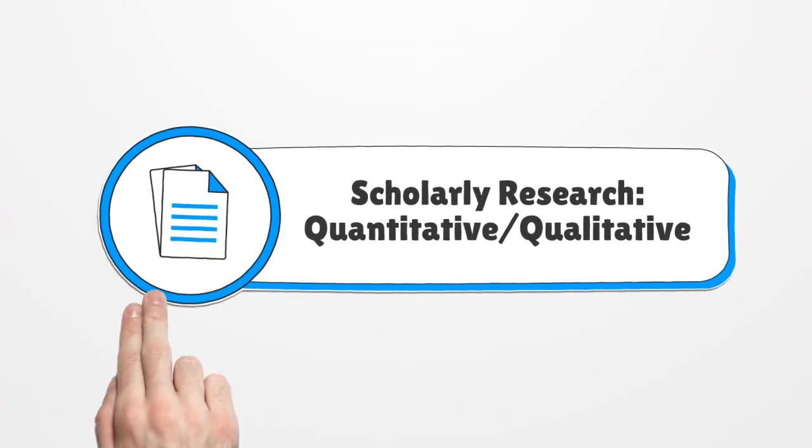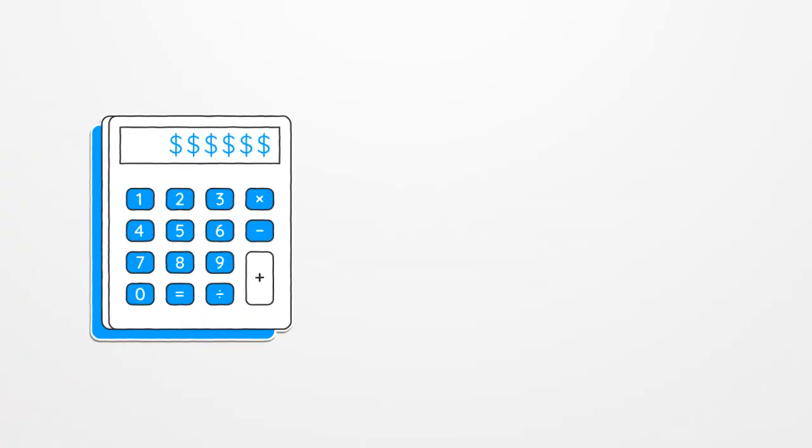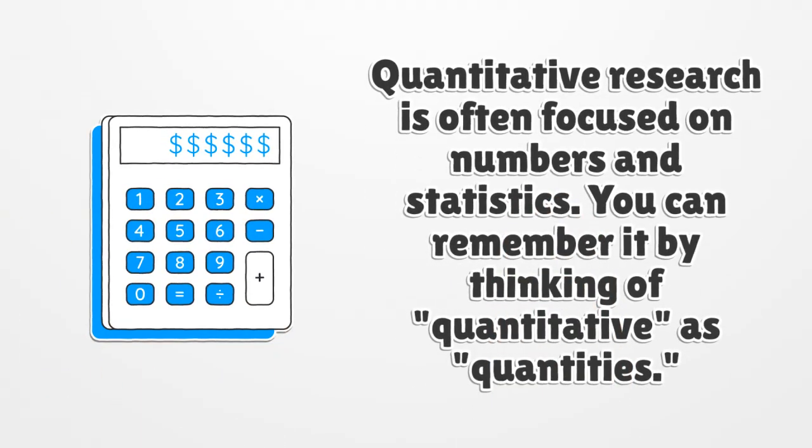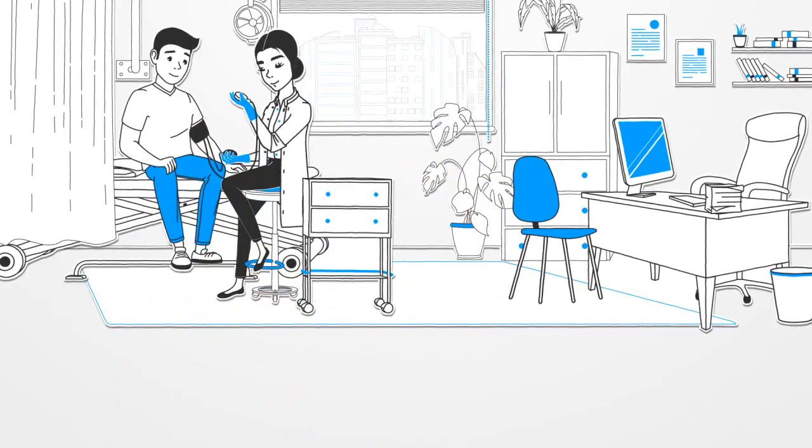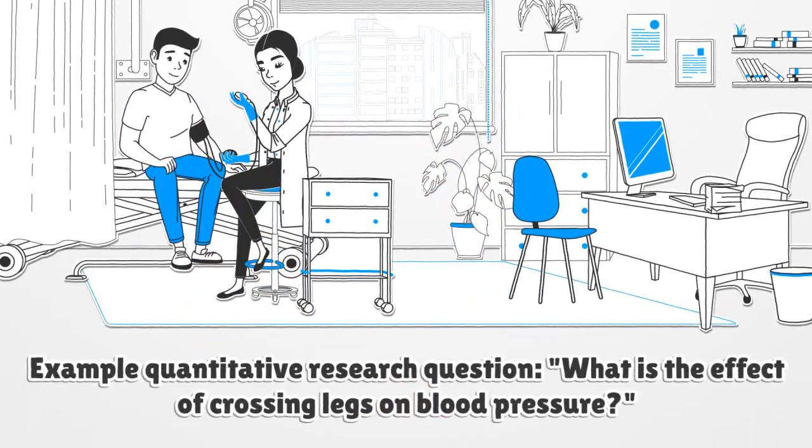Two other types of research articles are quantitative and qualitative. Quantitative research, also called empirical research, generally refers to research that tests hypotheses to measure the relationship between two or more variables. The focus is often on numbers or statistics. An example of a quantitative research question is, what is the effect of crossing legs on blood pressure?